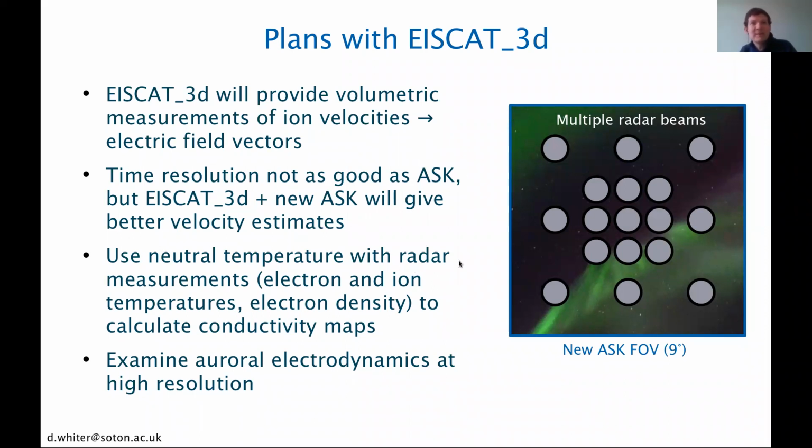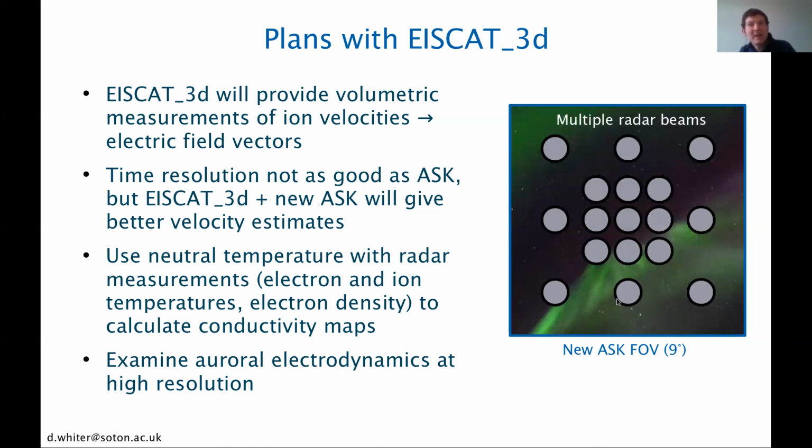The radar will also give us electron and ion temperatures, and also electron densities, volumetric measurements within this region of space. And using those together with the neutral temperature measurements from the ASK camera, we'll be able to get conductivity maps. So we can make maps of the conductivity at high resolution around fine scale features.